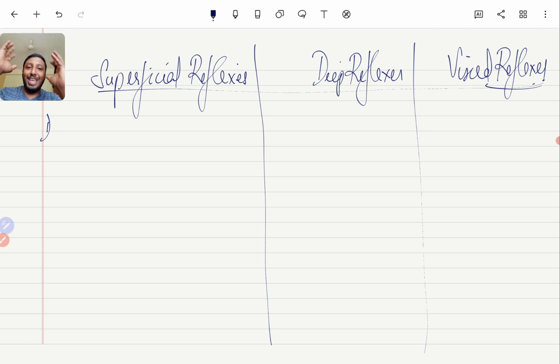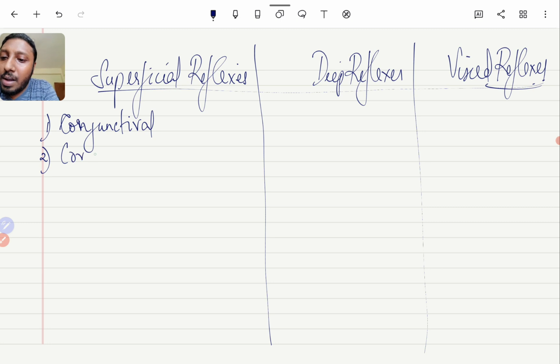Okay, if you think from head to toe, we can start with eyes. So corneal, conjunctival. I would tell conjunctival first because cornea is a little deeper. Not deeper, it is more precious. Conjunctival, corneal, then palatal and pharyngeal, inside the mouth.